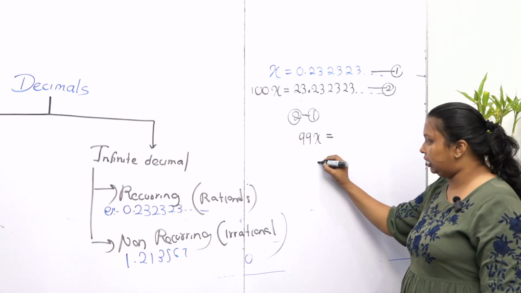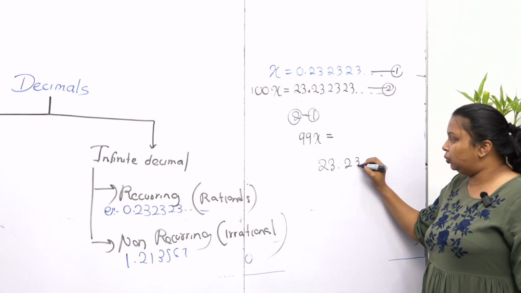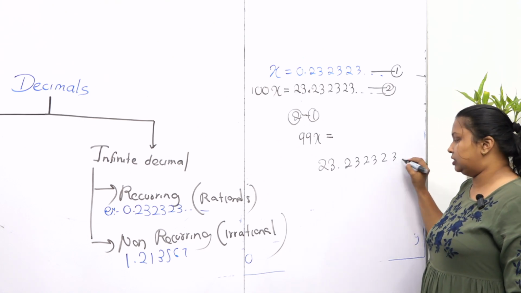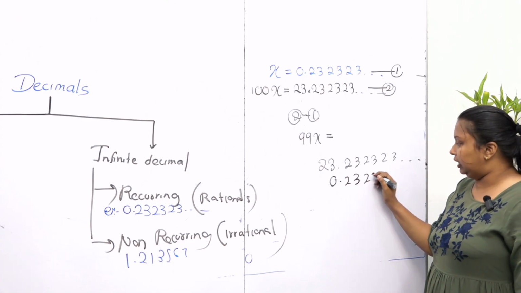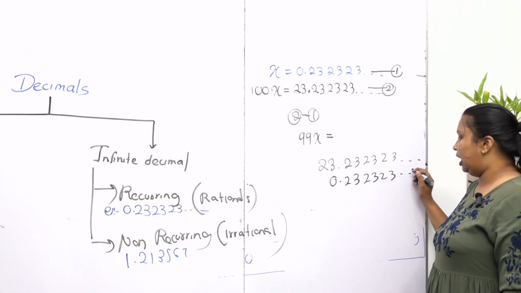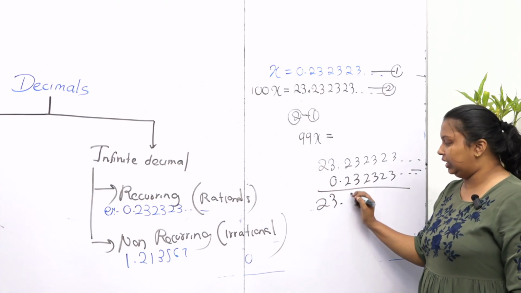Write this subtraction out like you did when you were small. 23.232323, like this it repeats, and 0.2323 here. I'm going to subtract this. Can you understand? We're getting 23 here and all this becomes 0.